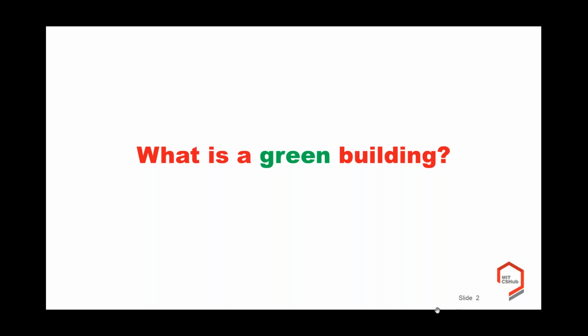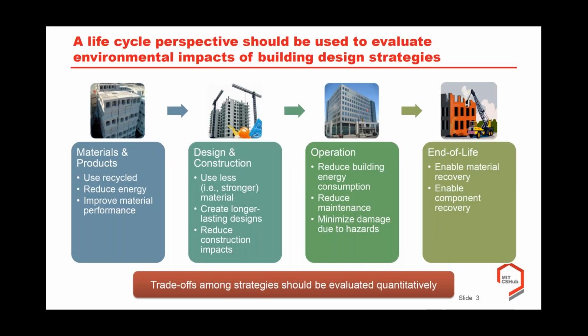And if you could hit the next one, fundamentally, the reason why it's important to use a life cycle perspective is because there are many different strategies that can be used to limit environmental impacts in building designs. And here are just some examples in the couple different life cycle stages that we usually use to characterize buildings, whether it be materials and products or design and construction, operation, or end of life.